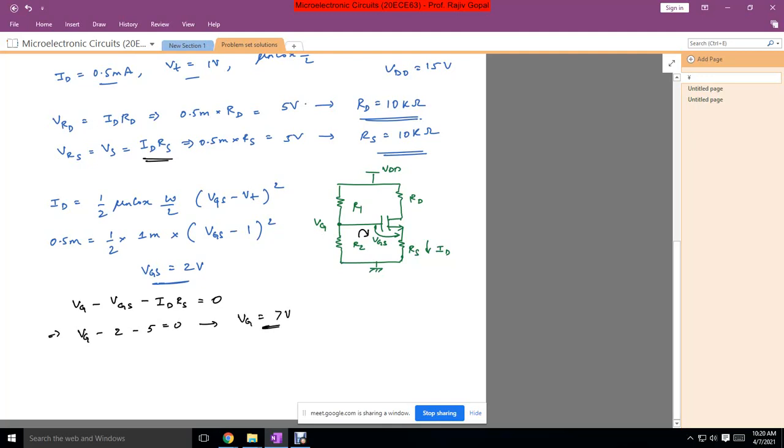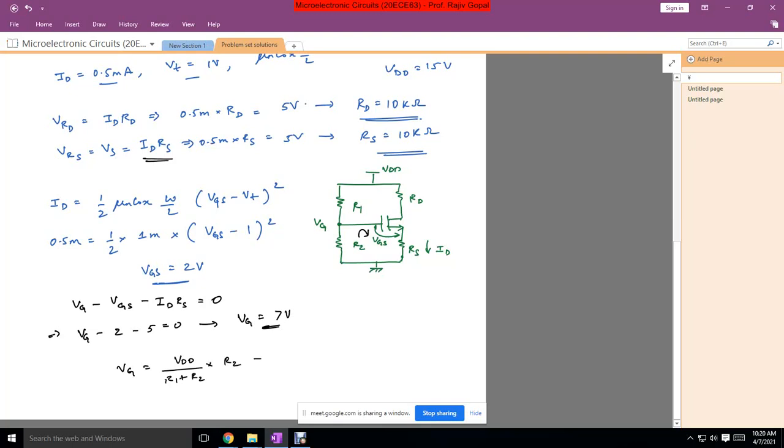Now, the current which is entering into the gate is actually 0, right? So R1 and R2 will be a voltage divider bias. So I can write VG as VDD by R1 plus R2, the current flowing through the voltage divider, into R2.